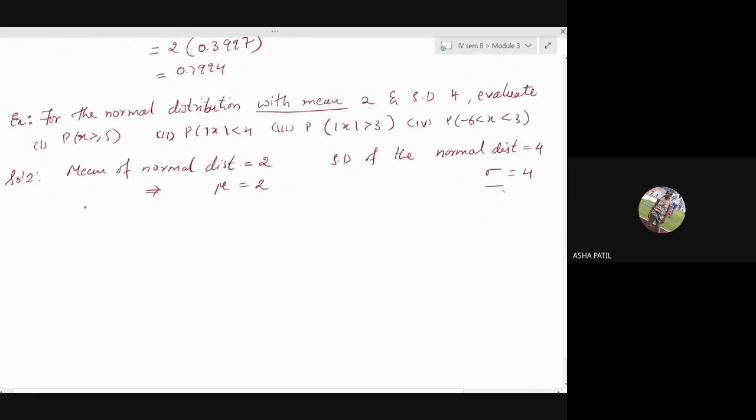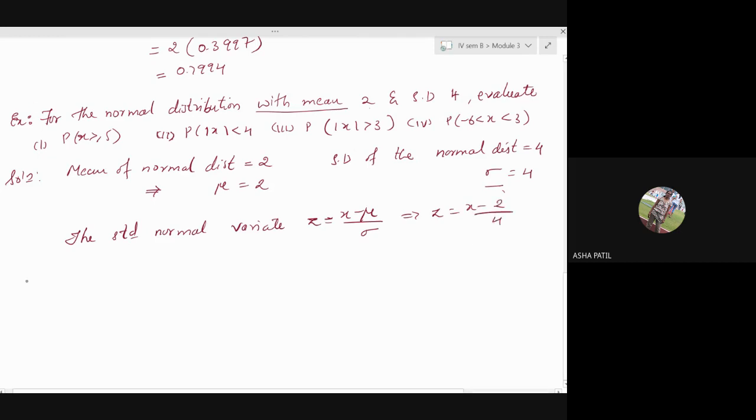For standardizing, z is equal to, we have to remember this, x minus mu by sigma. The other day while telling normal distribution, I told that we come across the standard normal distribution, that is x minus mu by sigma. Let us substitute mu and sigma. That is x minus 2 by 4.